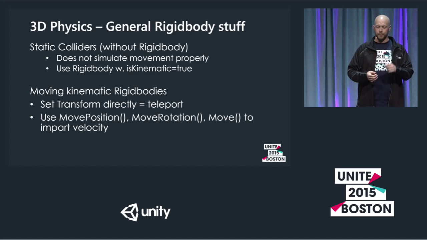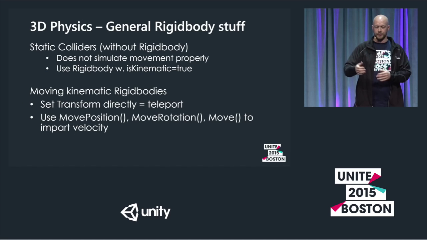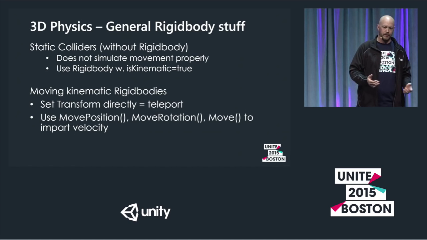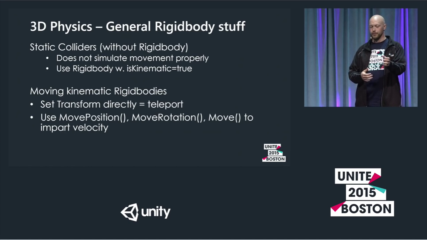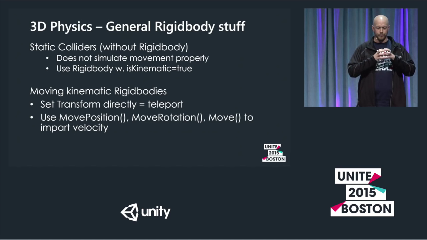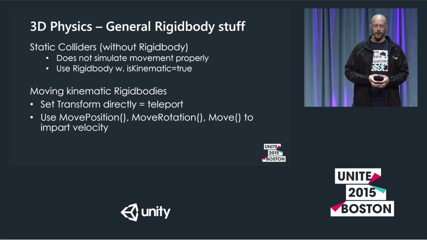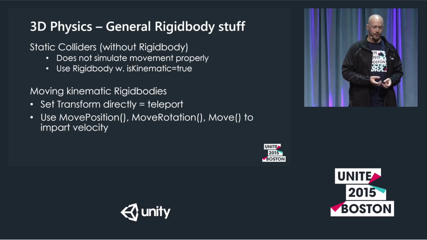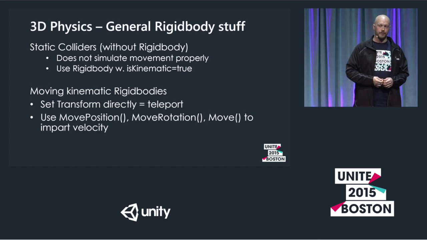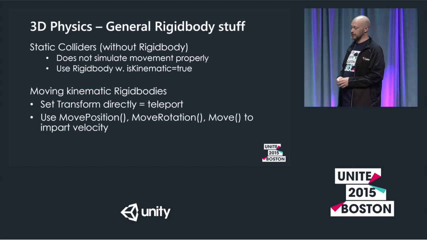Normally, you would expect the box on top of the platform to move with it. However, it is the friction between the moving platform and the box that actually moves the box. It's not the platform itself, it's the friction. And the friction comes from the velocity. So if there is no velocity, the box on top cannot really be moved properly. So you should make sure to call these move position and rotation functions on your kinematic bodies to communicate velocity to the rest of the world.